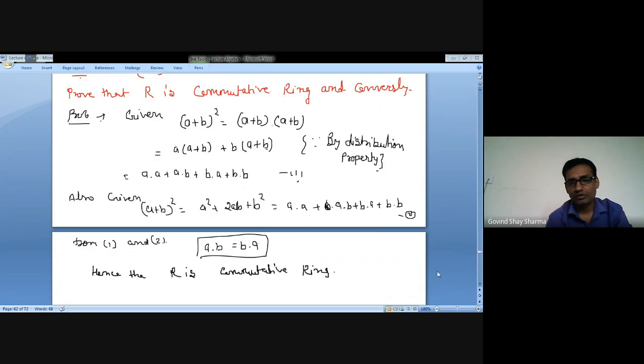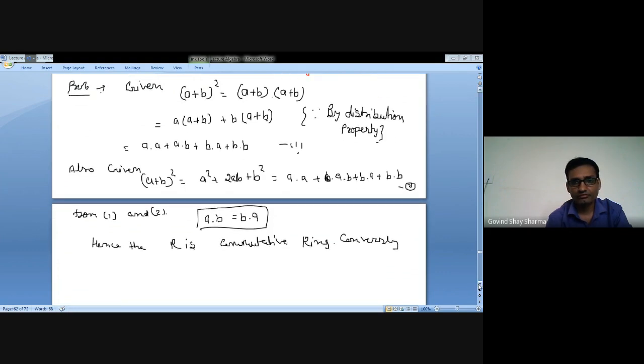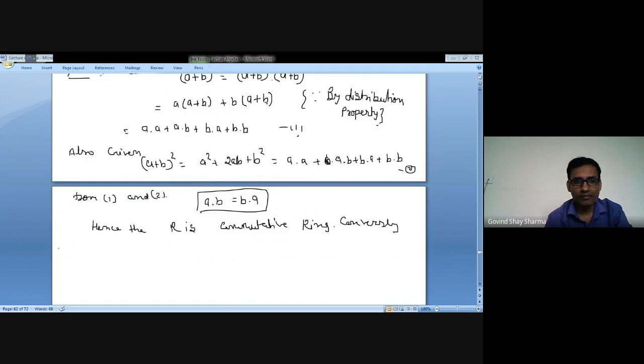R is commutative. Conversely, take R is commutative. Now we are going to prove that now we take that R is a commutative ring. So we will prove that (a plus b) whole square is a square plus b square plus 2ab.